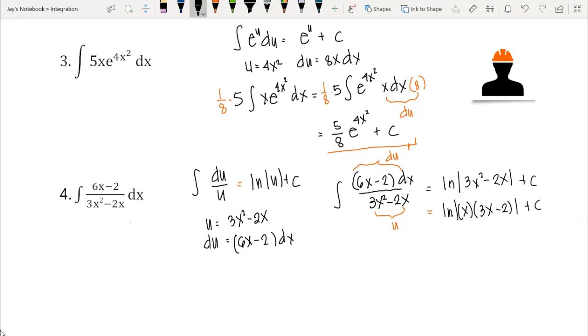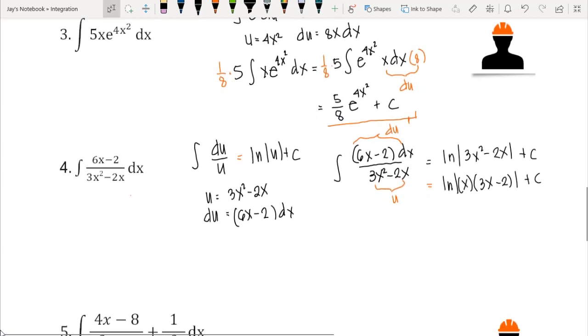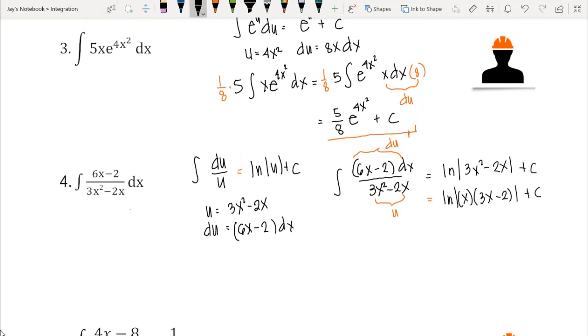So we have two terms, but using the rule of logarithm, if we have natural logarithm of ab, we could actually break that into natural logarithm of a plus natural logarithm of b. Or if we have natural logarithm of a over b, then we can rewrite that into natural logarithm of a minus natural logarithm of b. So we can apply this rule in this function.